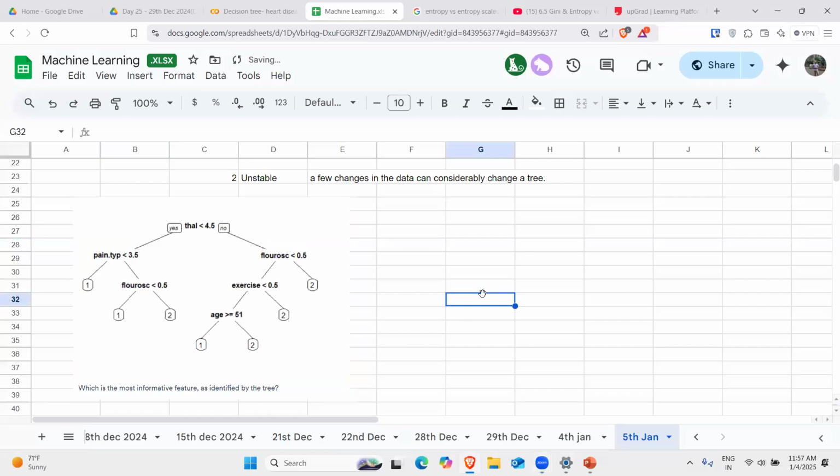Let me share my screen. Yeah, this is your question. You have to find which is the most informative feature as identified by the tree. Right? Which is the most informative feature.